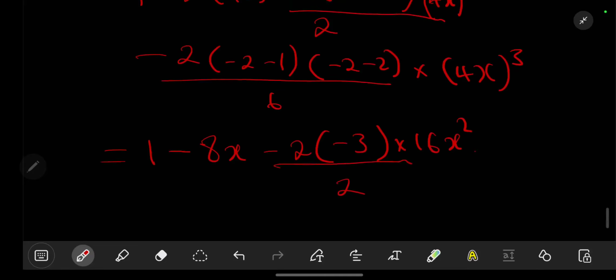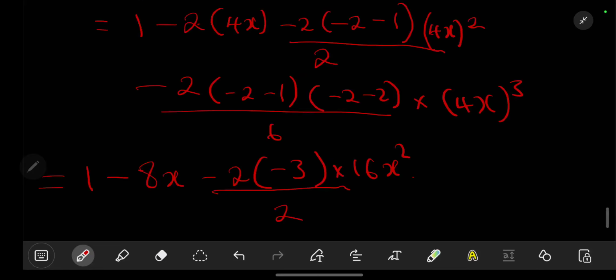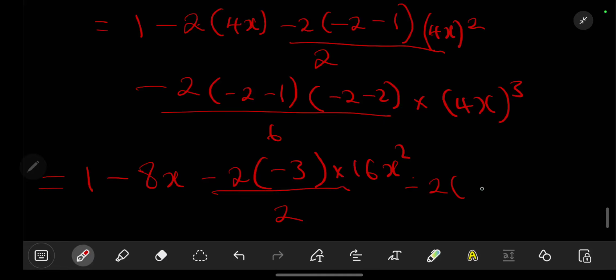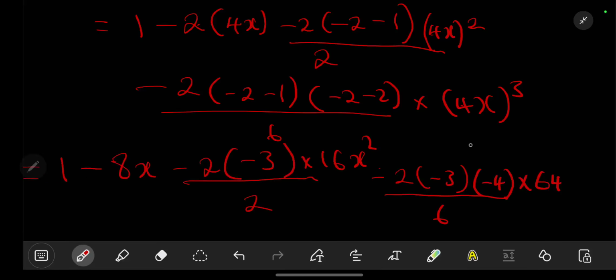Then we have negative 2. Negative 2 minus 1 will be negative 3. Negative 2 minus 2 will be negative 4. Then we have over our 6. 4 to the power of 3 is equal to 64, so 64 x to the power of 3.